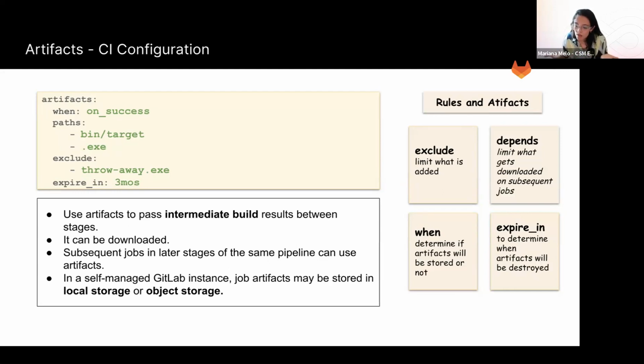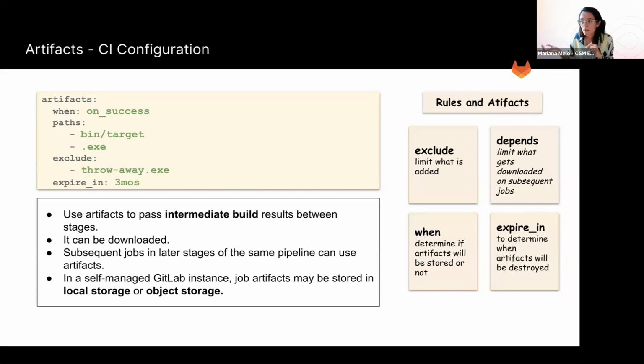What GitLab allows here is saving artifacts in your local or object storage, and you can then use them in the same pipeline in subsequent jobs.